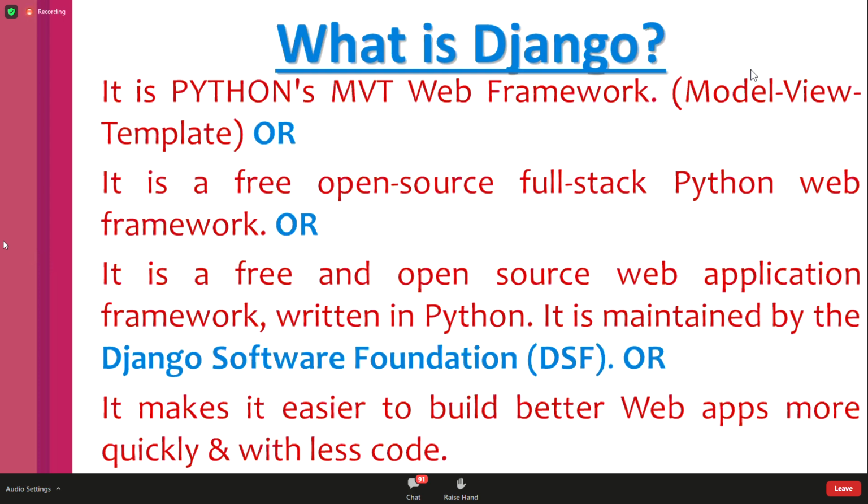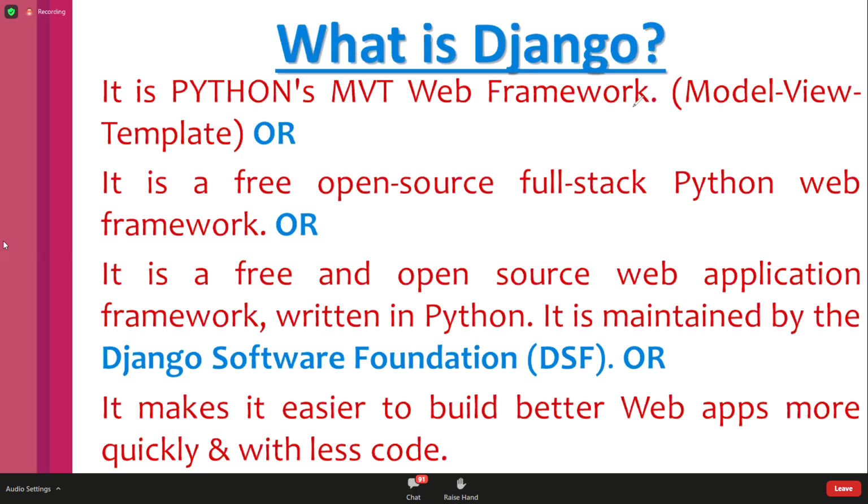So finally, it is Python's MVT web framework. What is Python? You know already. MVT explained. Web, just now I said, is a collection of electronic resources. What is a framework? A framework is a platform. Once again.